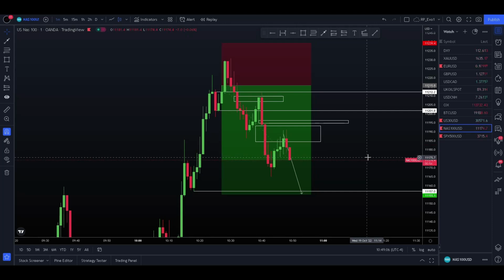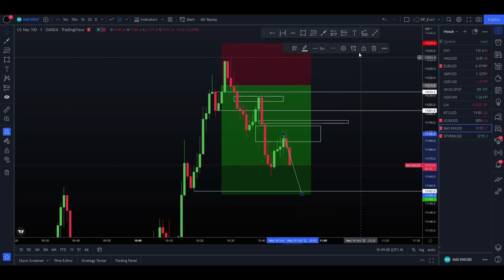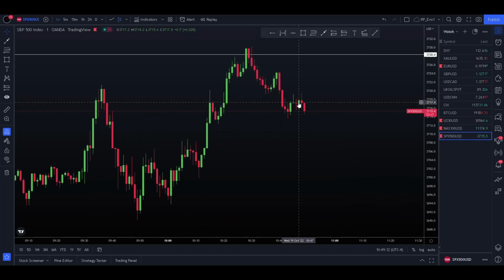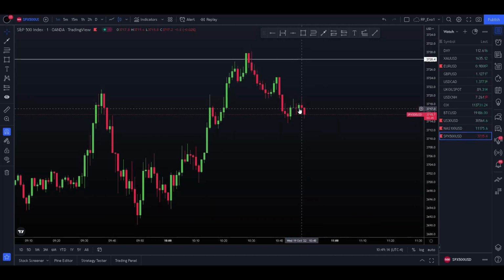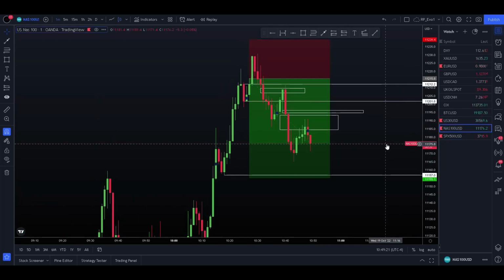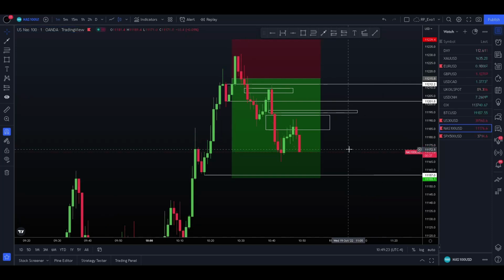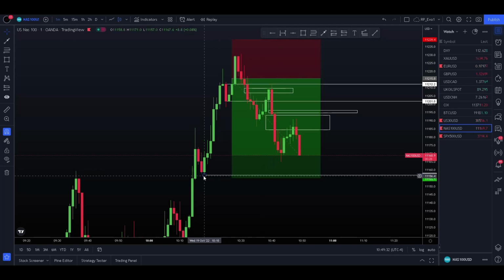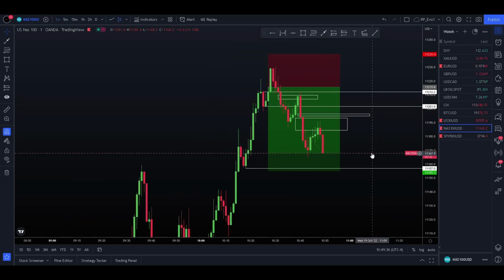Okay, this is looking good so far. S&P is pretty much following right now. So now I need price to break this low, of course, and then just go for the next swing low.